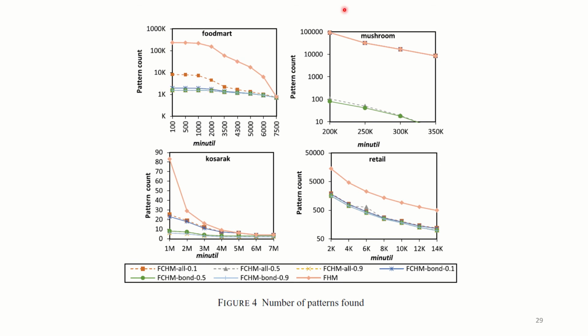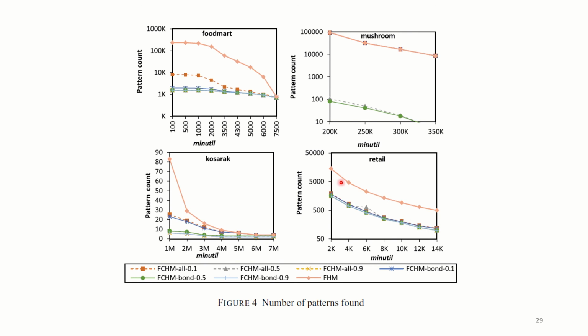So in every data set we can see that the new algorithm is performing way better than the previous one, and the new algorithm is finding fewer high utility item sets, and these item sets are with items that are correlated to each other. And the authors are saying that the item sets that are being found by FCHM are actually CHIs, the correlated high utility item sets.